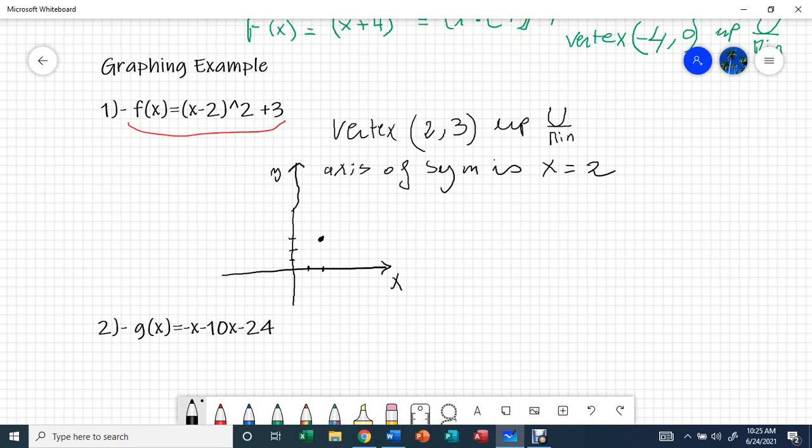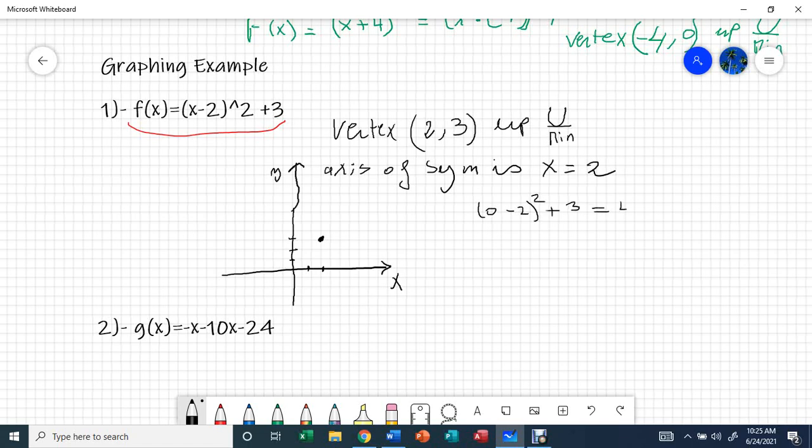So I need another point. So let's find out the y-intercept. So for the y-intercept, make x equal 0. So if x is 0, I have (0 minus 2) squared plus 3.